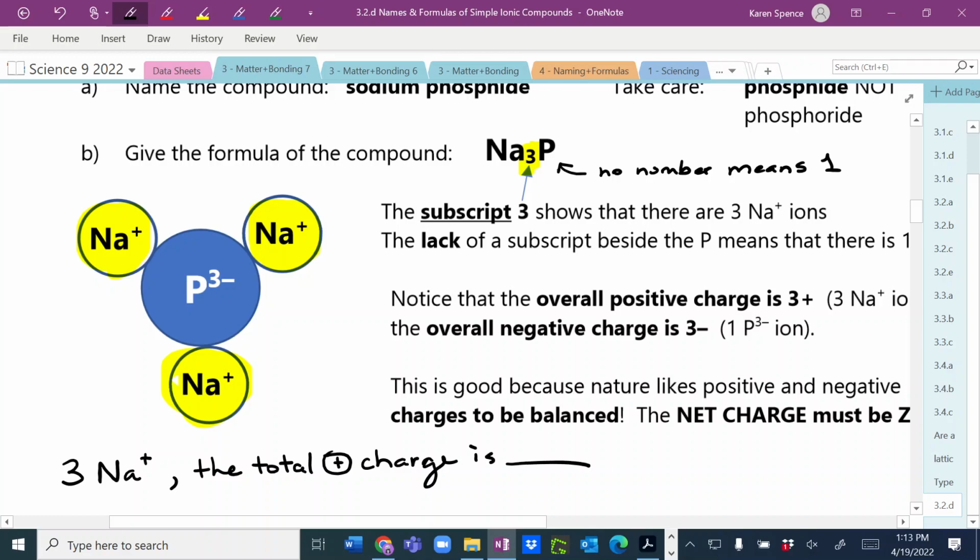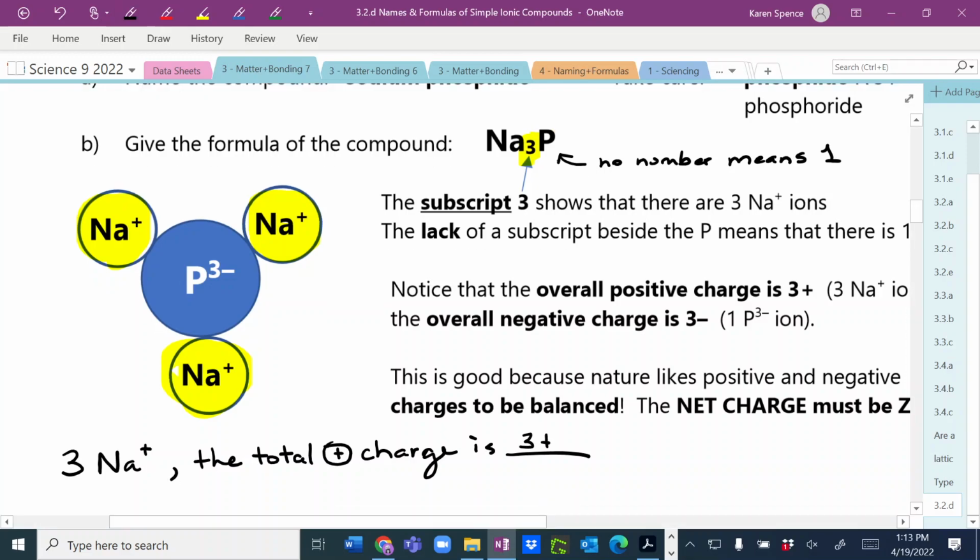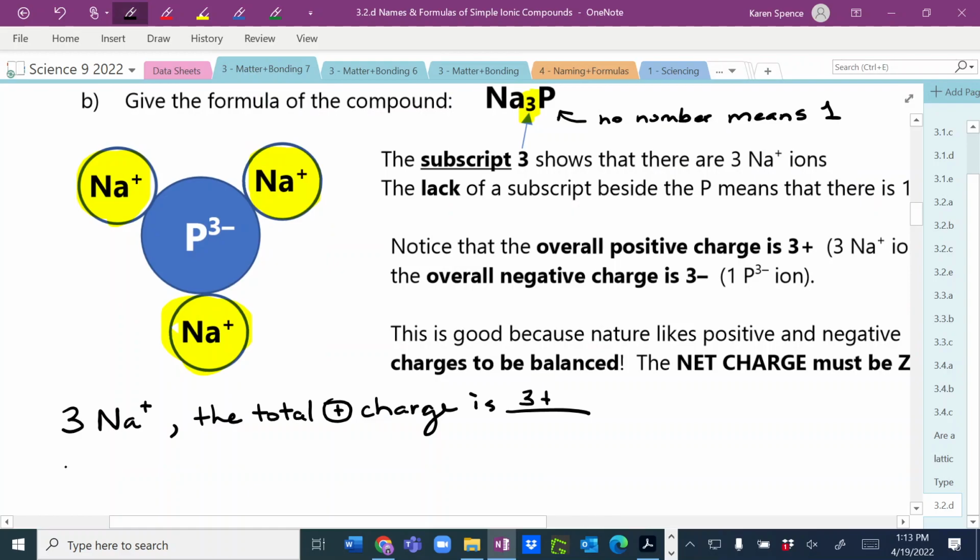We got 3 positive things, so we have a total positive charge of 3 plus. If we have 1 P, which has a 3 minus charge, the total negative charge is how much?